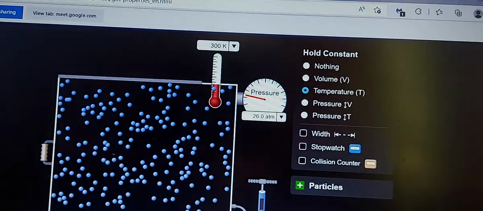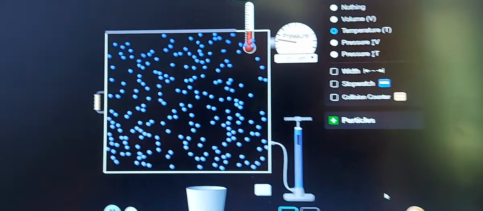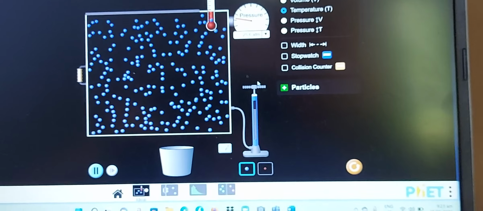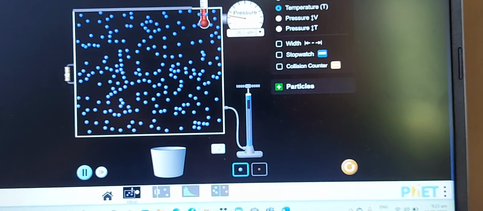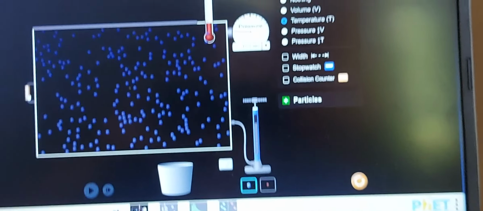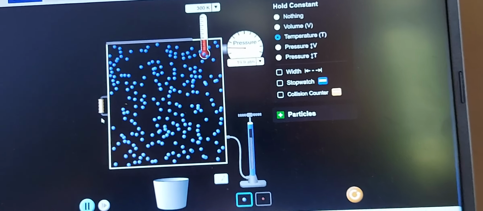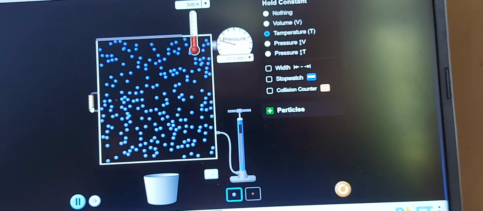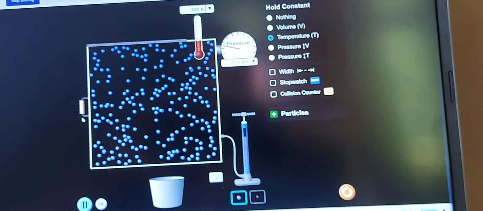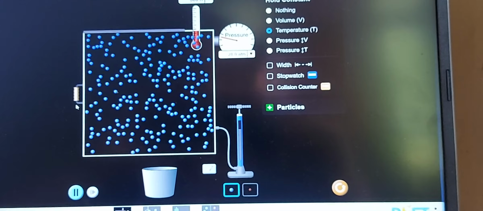Okay, so let's go back to our virtual laboratory. This is the handle wherein you can expand and compress the container. You can play with it online.